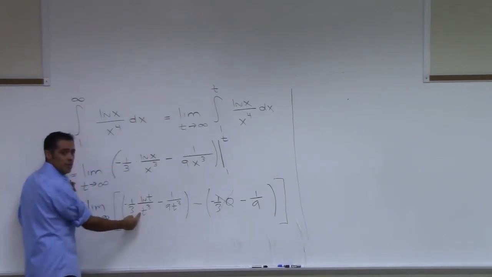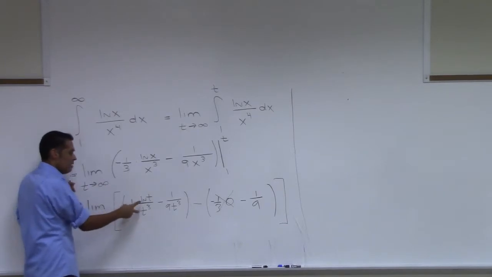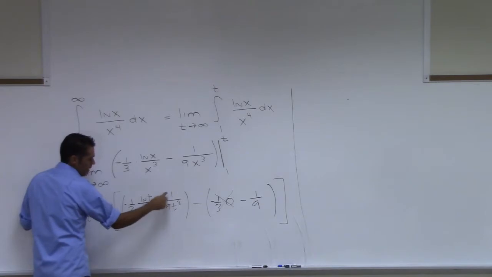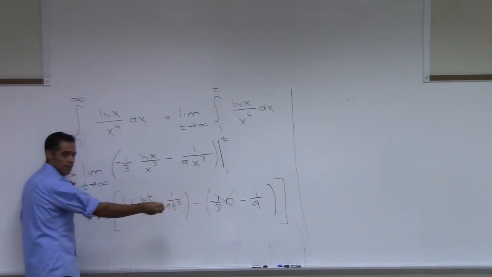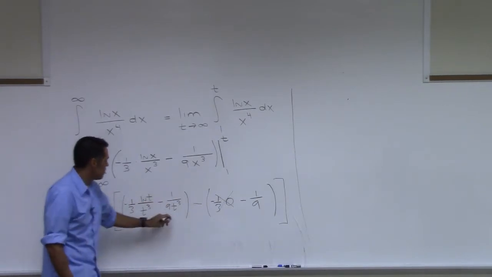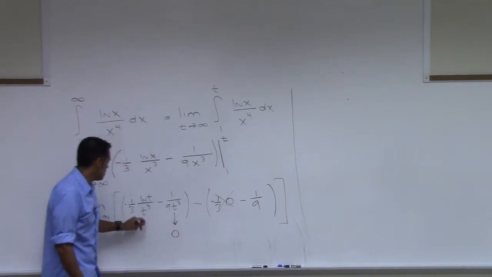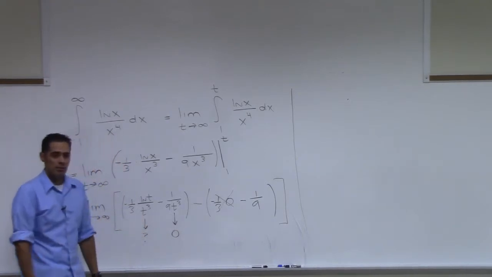The denominator is also going to infinity. Infinity over infinity, we're going to need L'Hopital's rule, right? Over here, we have 1 over something that's getting infinitely large, which squashes down to nothing, so that's going to go to 0. So we know this limit's going to 0, and we know this limit we have to figure out, right?